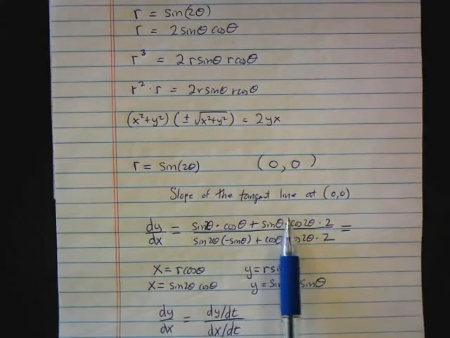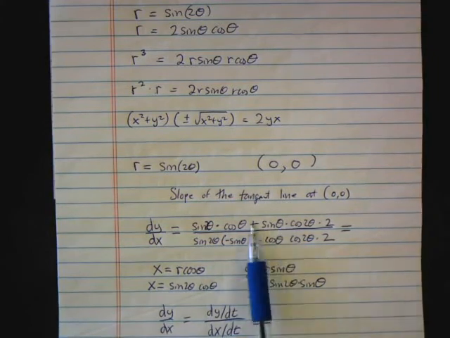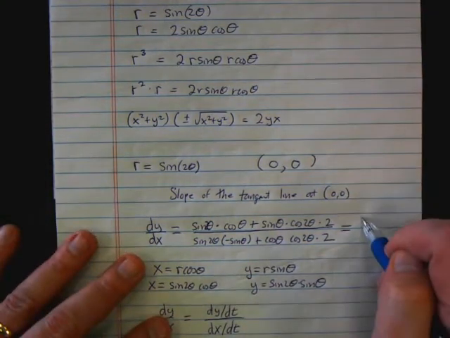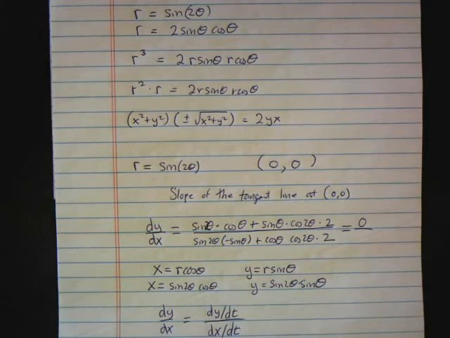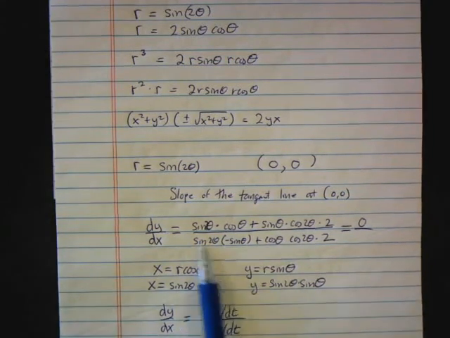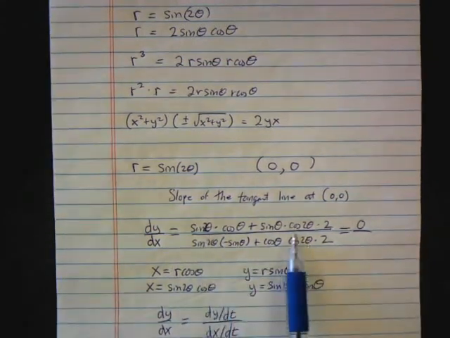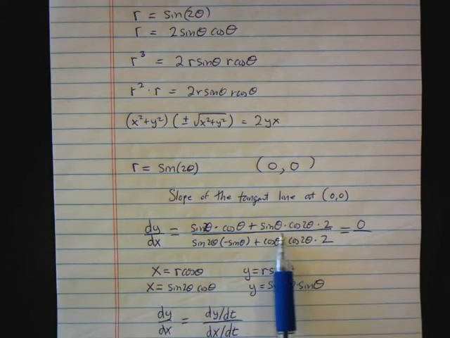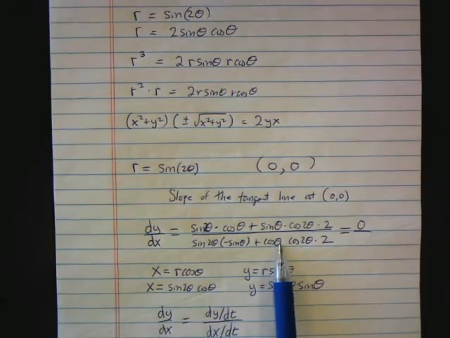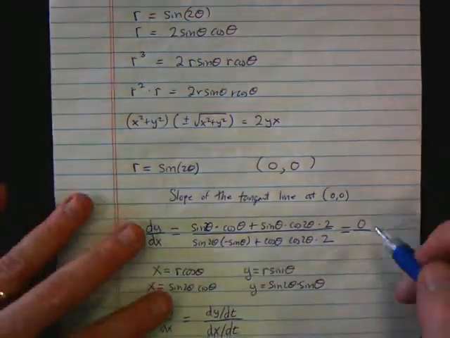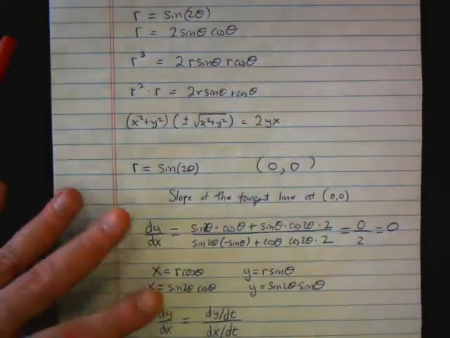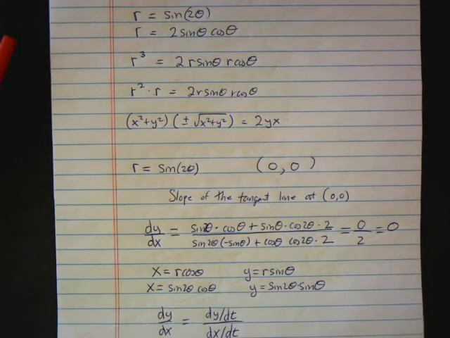It's still 0. 0 plus 0 is 0. Down on the bottom, when I plug 0 into my sines, I get 0. But when I plug 0 into these two cosines, what's cosine of 0? 1, so this is 1 times 1 times 2. So the slope of the tangent line at the point 0, 0 just so happens to be 0.